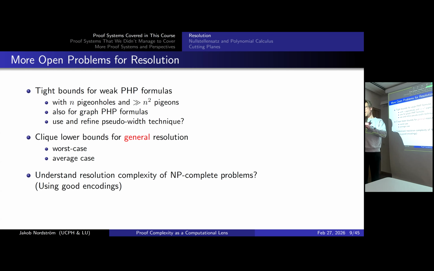And since you're only using even time steps, you remove all the Hamiltonicity constraints. And you still get a resolution lower bound, because resolution thinks it's hard to prove that 2n pigeons don't map to n holes.